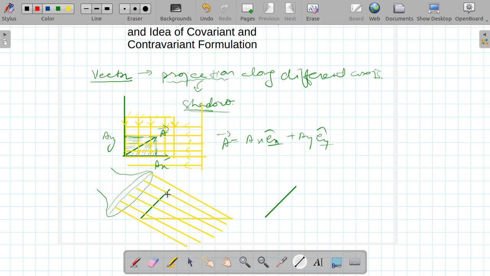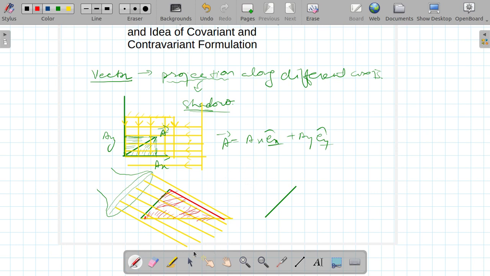So this is the projection of this vector along this direction.